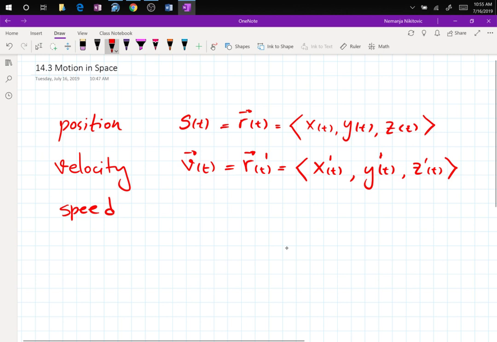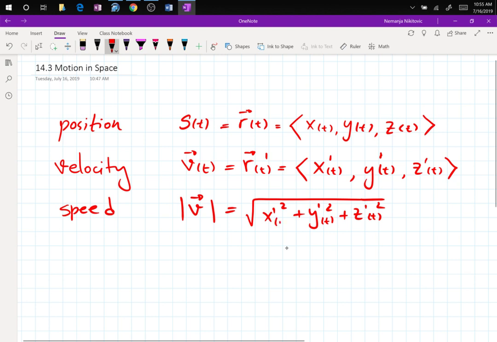Speed is going to be the magnitude of the velocity vector. So speed is the square root of x prime squared plus y prime squared plus z prime of t squared. All these are of t. So this is our velocity, this is our speed as just the magnitude of the velocity.